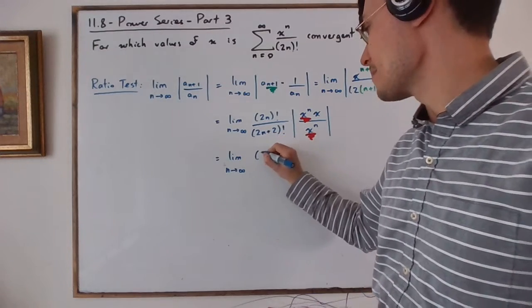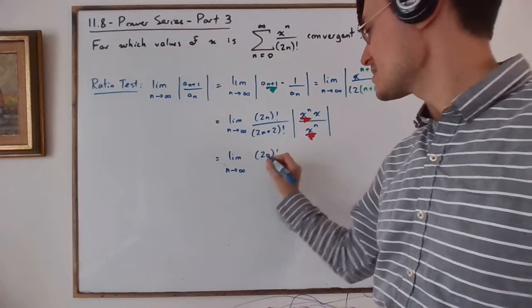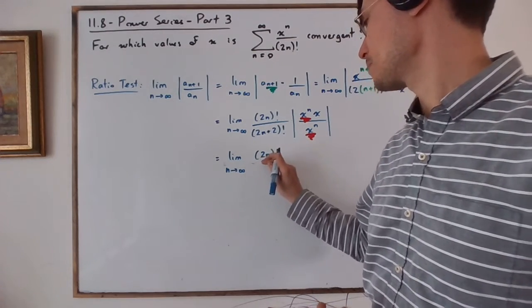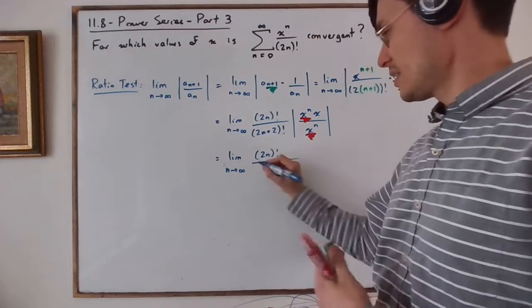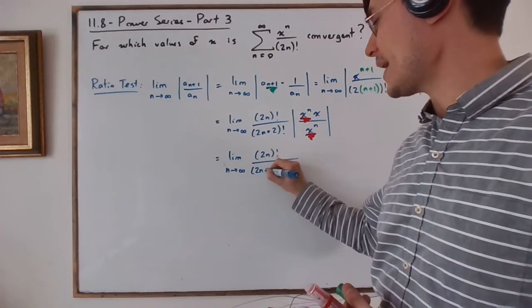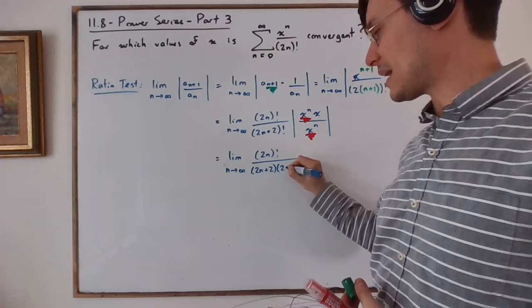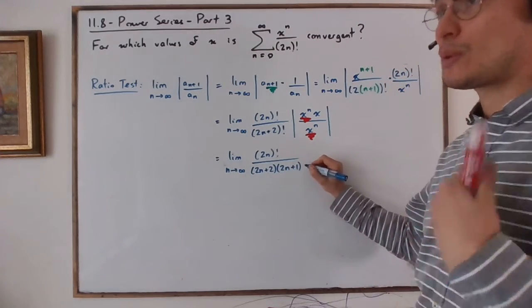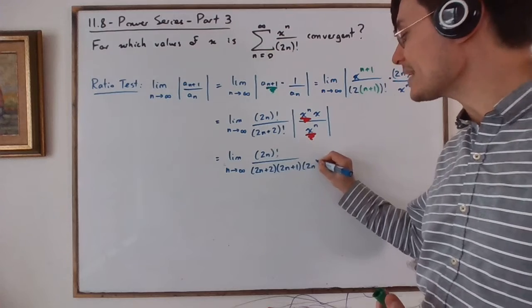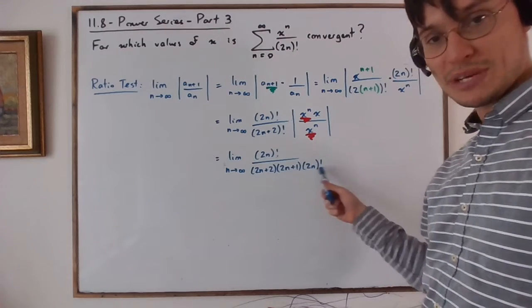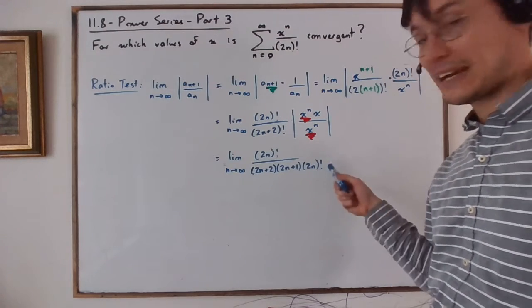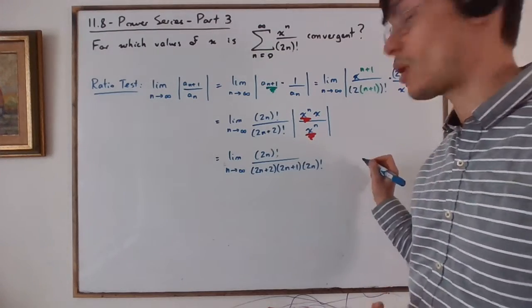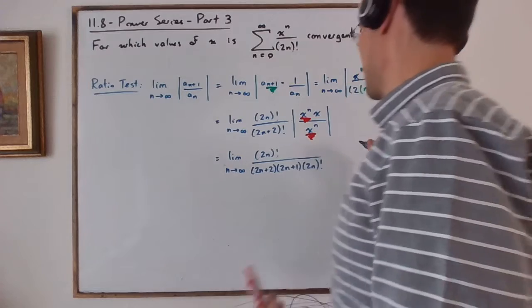So this one we don't change because it's the smallest, but the one at the bottom we expand: 2n plus 2 multiplied by 2n plus 1, multiplied by 2n factorial. Whenever we stop writing, we have to put a factorial because it still contains the factors all the way down to 1.